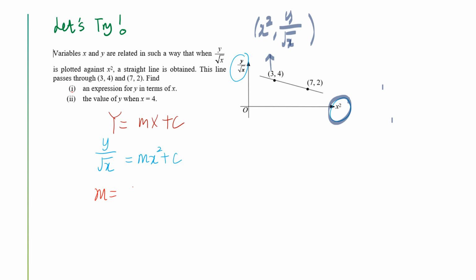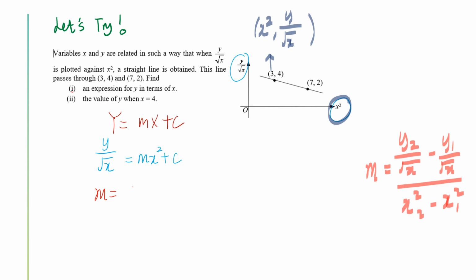So if you want to be very exact, it's not just y2 minus y1, but rather y2 over square root of x2, minus y1 over square root of x1, over x2 squared minus x1 squared.